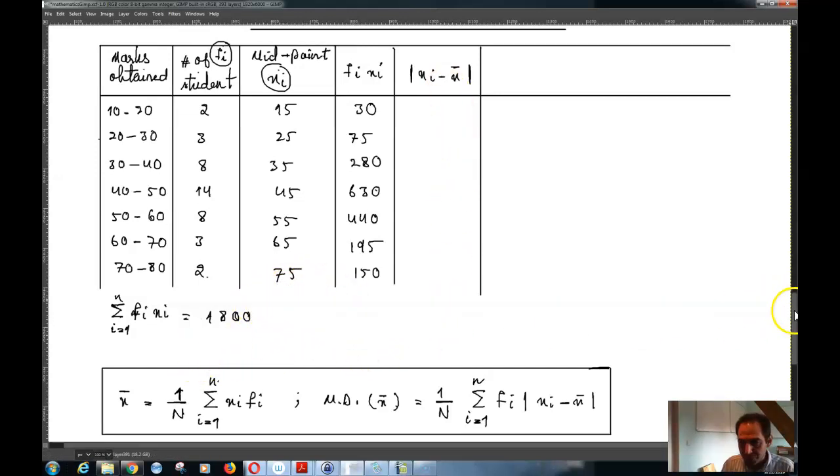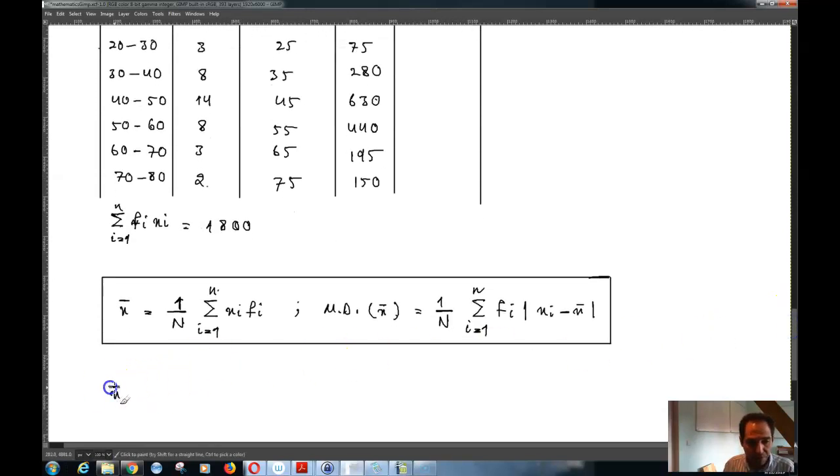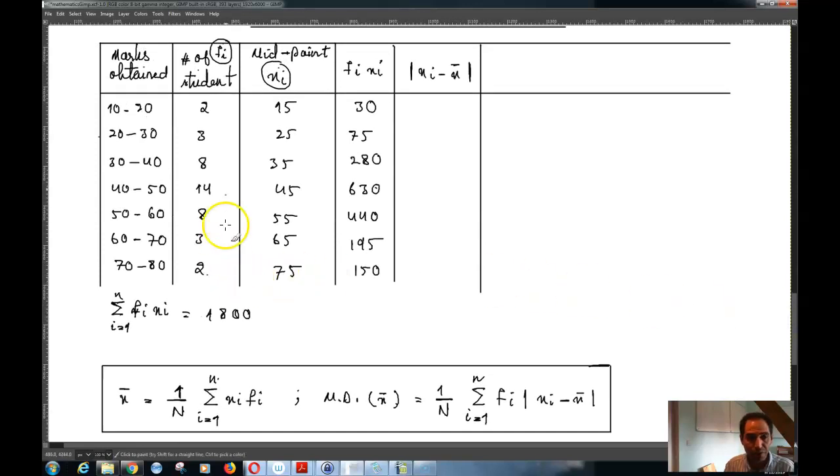Okay. So based on this, my x bar is going to be equal to 1 over n, and n is, of course, as you know, sigma f of I. So sigma f of I as I goes from 1 to n is equal to capital N, and that is equal to 2 plus 3 is 5, 5 plus 8 is 13, 13 plus 14 is 27, 27 plus 8 is 35, plus 3 is 38, plus 2 is 40.